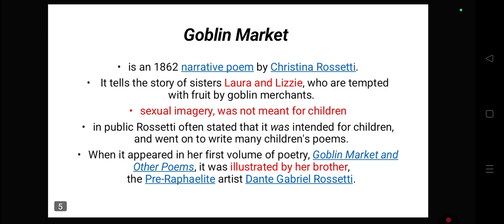This is how you may infer that superficially, at the upper layer, we have these characters talking of Goblin Market and fruit. At the inner level, in the depth, you may correlate this story with the story of Paradise Lost, with that biblical story.